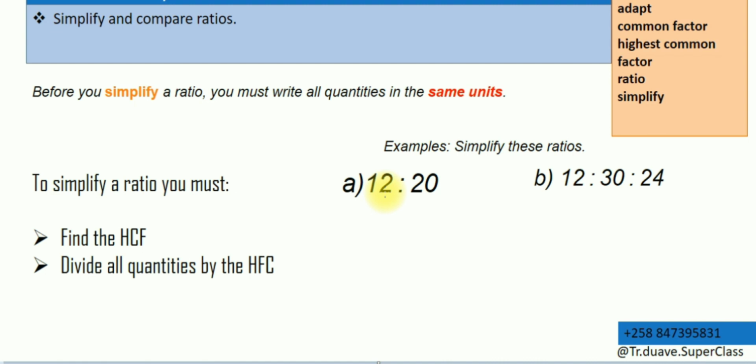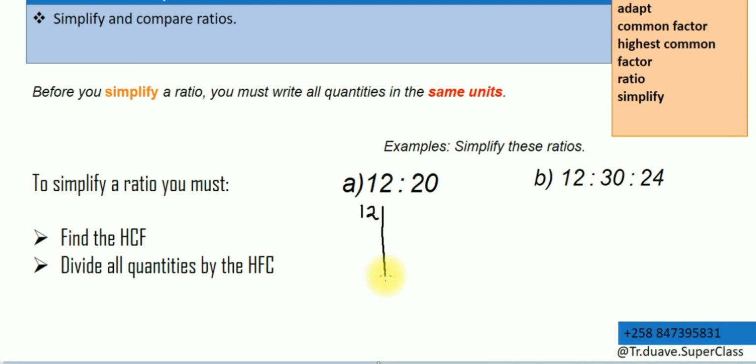The first step is to find the highest common factor. So to find the highest common factor, we can factorize each of the quantities. Okay, so let's factorize these two quantities. I have 12 on one side, and we're going to factorize it.